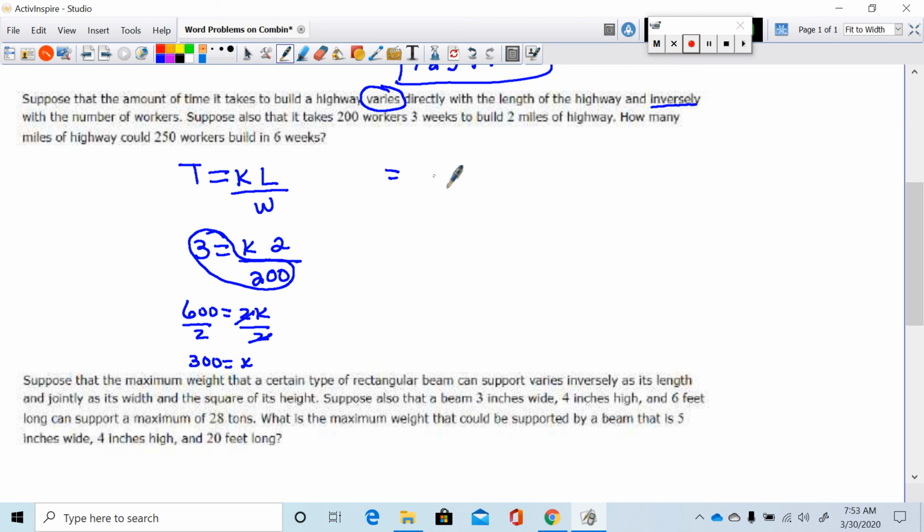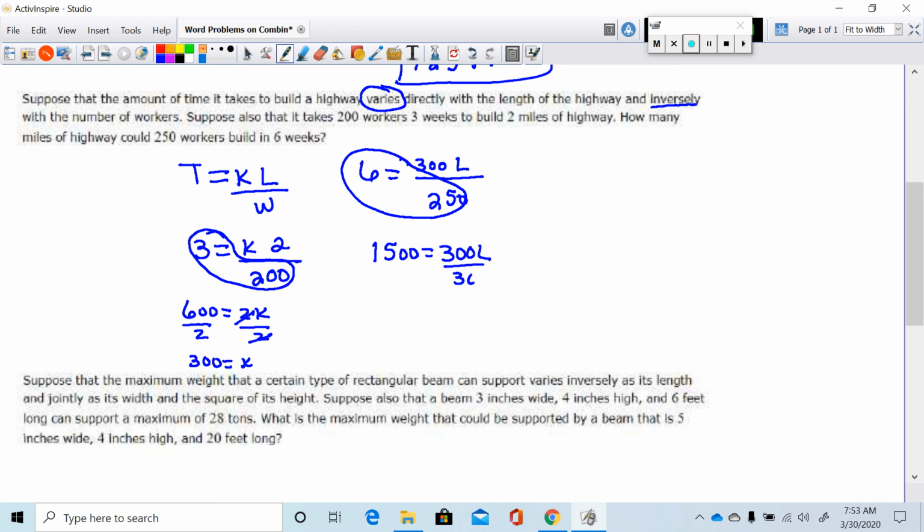So I use the same equation that I came up with before, except I know that the value of k now is 300. Now you go to the next sentence. How many miles of highway, so we don't know the length, could 250 workers, that goes in the denominator, build in 6 weeks? Again, I'm just going to cross multiply here. So 6 times 250 is 1,500 equals 300L.